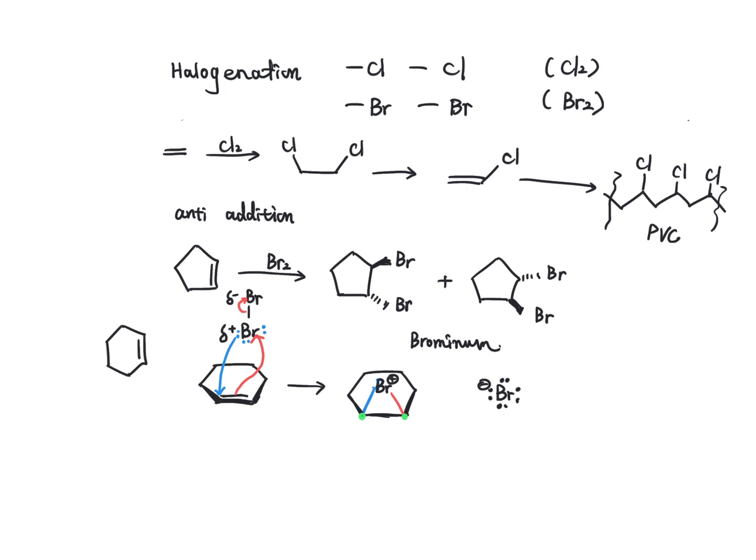It kind of stabilizes the positive charge that's on the bromine. So it will come in to attack one of the carbons. In this case, there is no preference because both have the same degree of substitution. So it comes in, it's like an SN2 reaction mechanism.